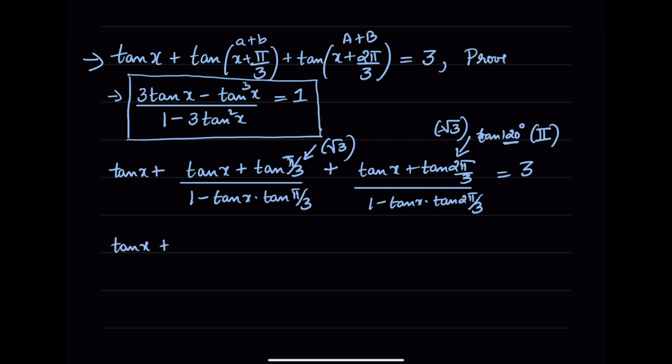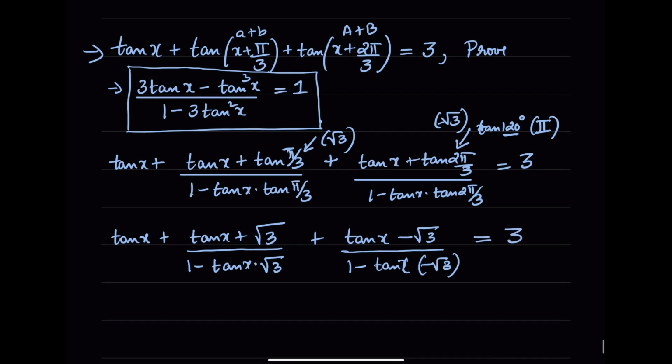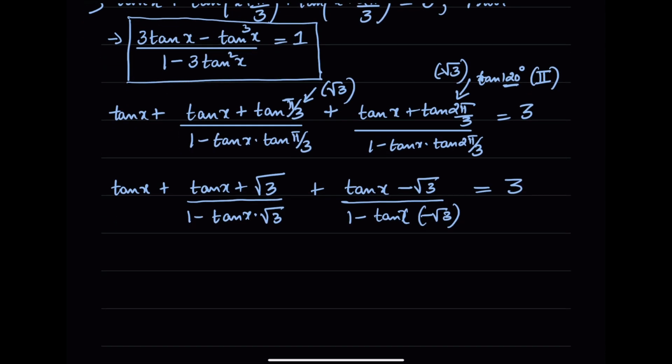Tan x plus square root of 3 divided by 1 minus tan x multiplied by square root of 3 plus tan x minus square root of 3 divided by 1 minus tan x multiplied by minus square root of 3, and this is equal to 3. Now let's solve for the common denominator.